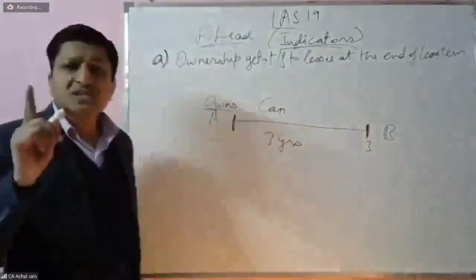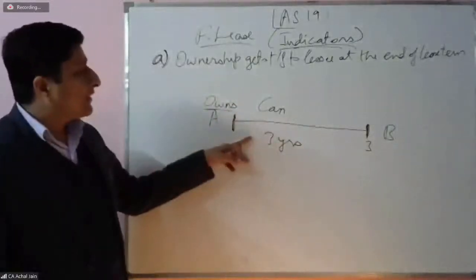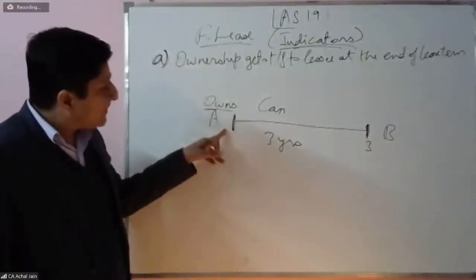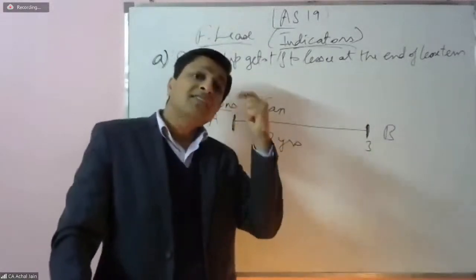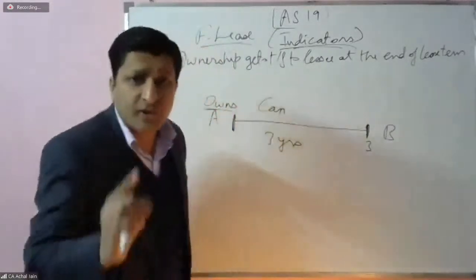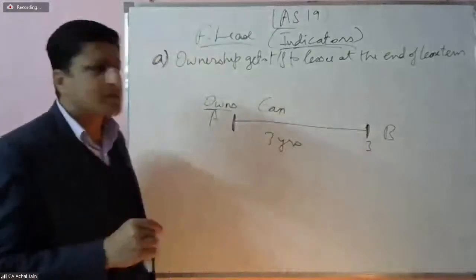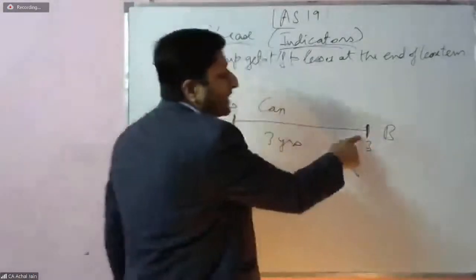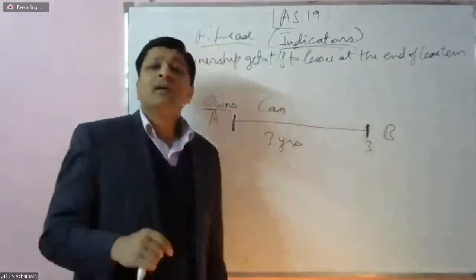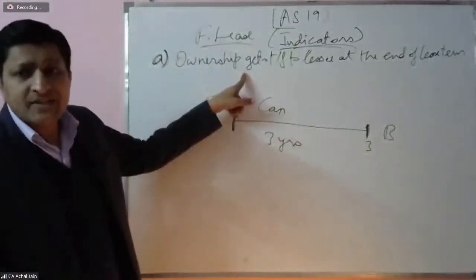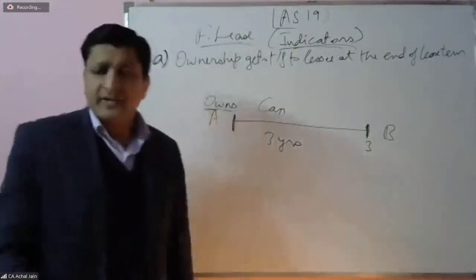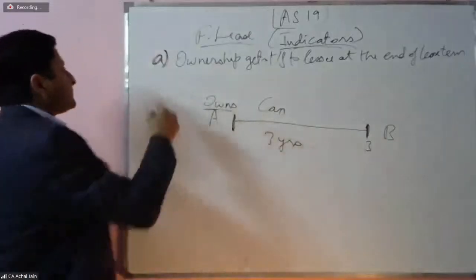So this is the first indicator, in which case, even though the ownership is with A for 3 years, because it is decided at the time of inception of lease, inception means beginning of lease, that the ownership will get transferred to B at the end of the lease term, it will become a finance lease. First indicator.